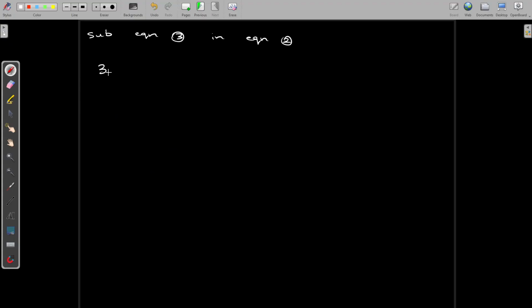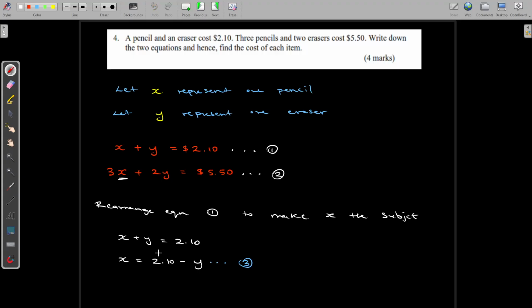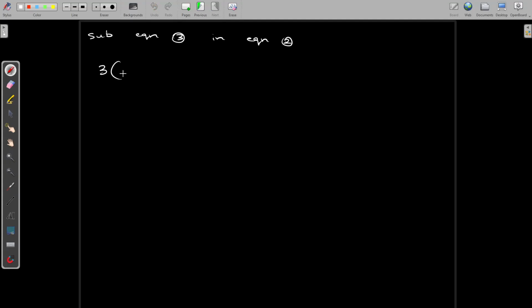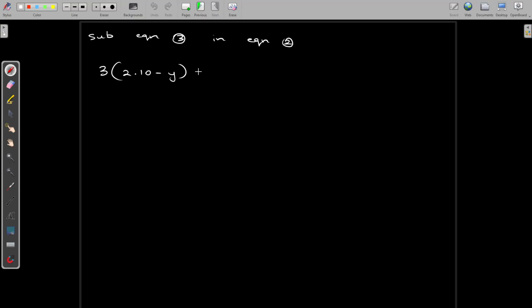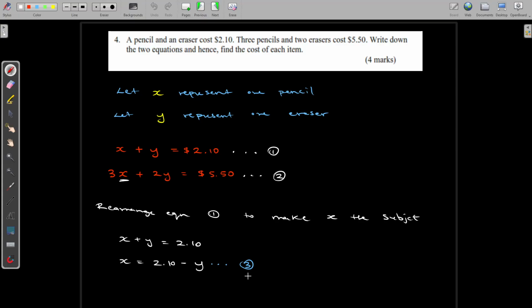So it's 3 open bracket 2.10 minus y plus 2y equals 5.50.